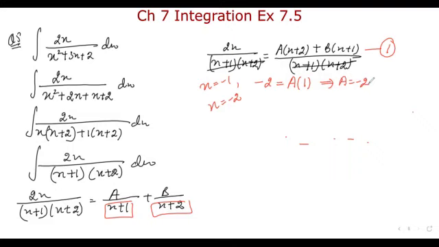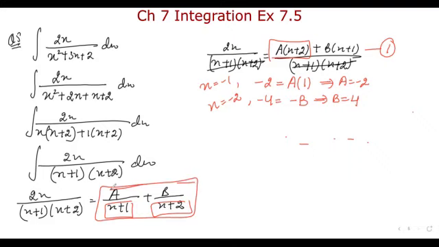Then if I put x equals minus 2, this side will become minus 4, and this value will become 0, and minus 2 plus 1 is minus 1, with b. So the value of b comes out to be 4. Now when I have these two values of a and b, I will put these values here and integrate.